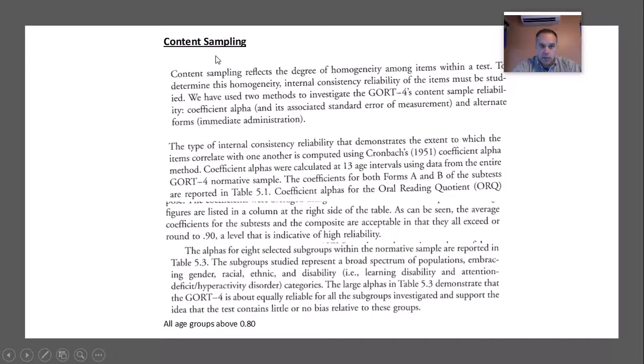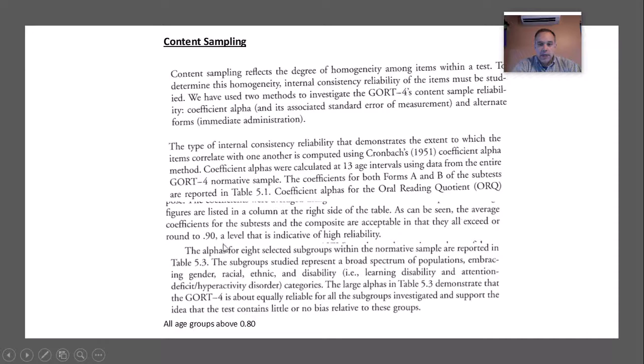So content sampling, this would be the item comparison that we previously talked about from the Overton slide. The degree of homogeneity among items within a test. So are the items themselves relatable to one another and valid in and of themselves? Coefficients for both forms A and B of the subtests are reported in table 5.1.